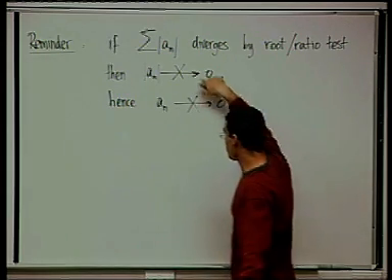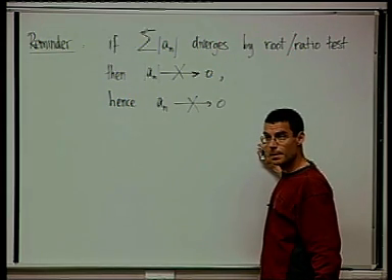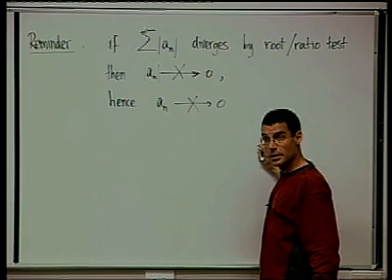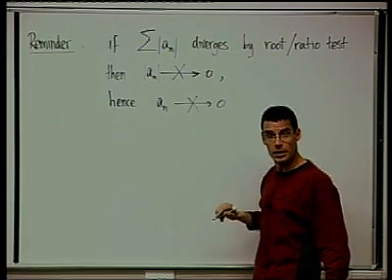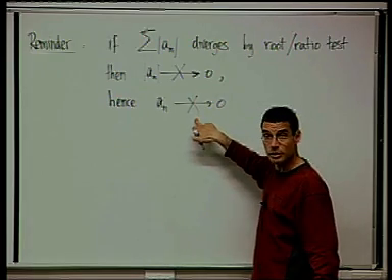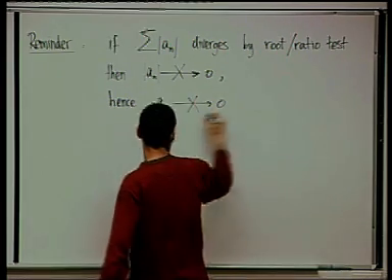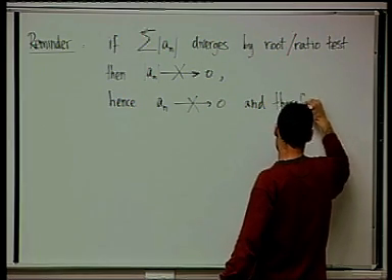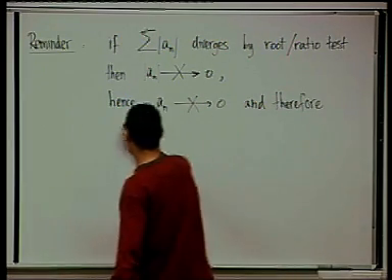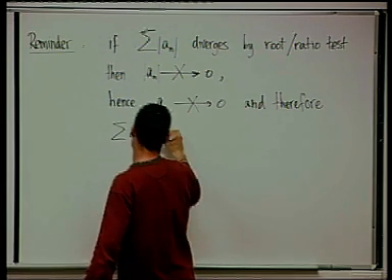Because these two are if and only if. Right? If a_n goes to 0, then in absolute value it goes to 0 and vice versa. So if it doesn't, this doesn't either. And therefore, sigma a_n itself diverges.